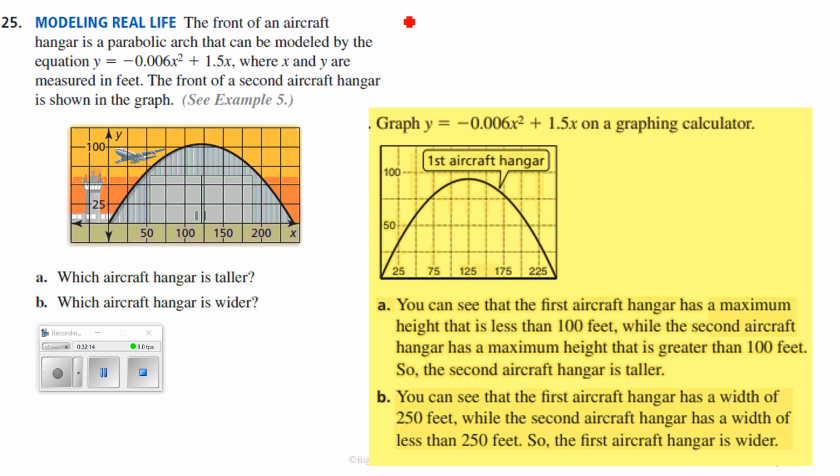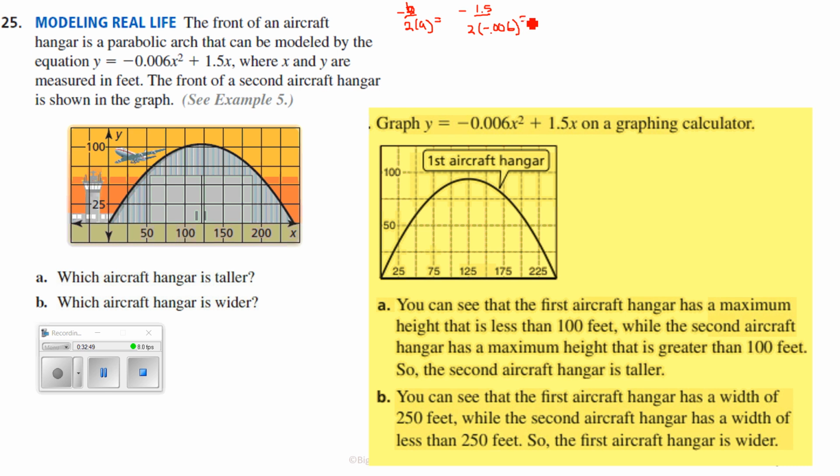So remember, we're going to have a negative b, I don't know why I keep putting 2, over 2 times a. This is going to be equal to negative 1.5, and then that's going to be divided by 2 times, let's see, this is a negative 0.006, right?